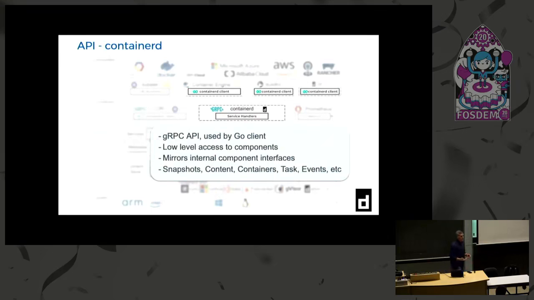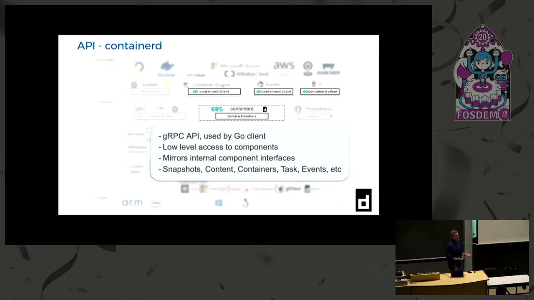You also have low-level access to all the gRPC services within Containerd. So if you think our Go API isn't giving you the level of detail you need from the metadata service or the snapshot service, you can talk directly to those gRPC API endpoints for those services, and the Go doc is all online.